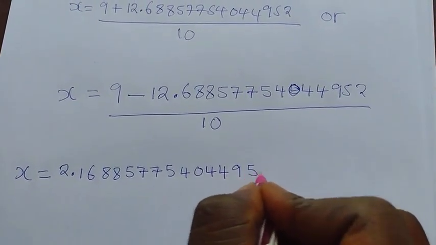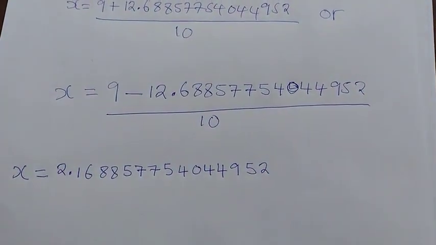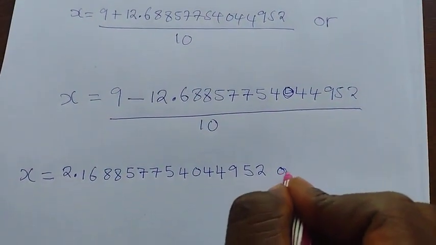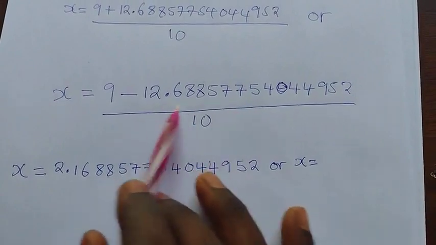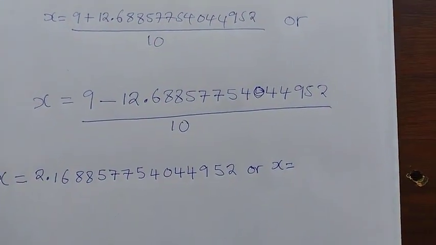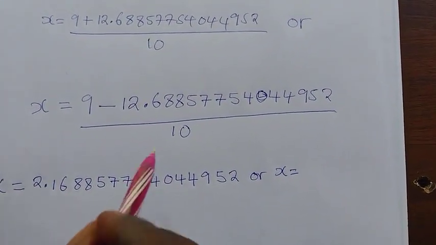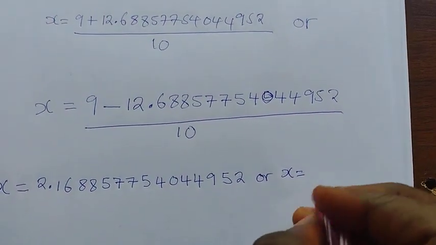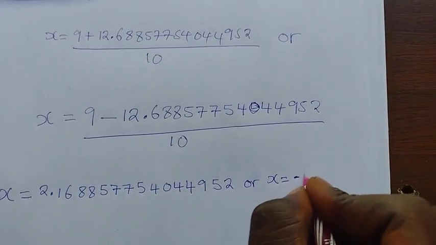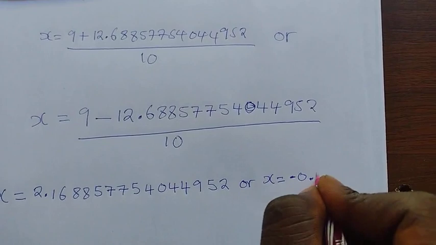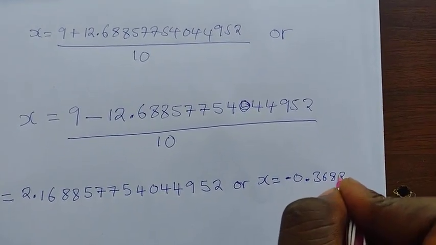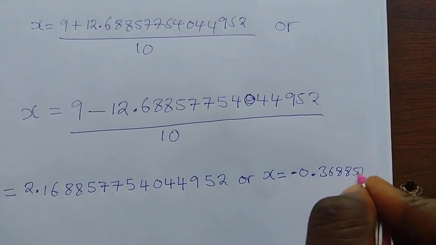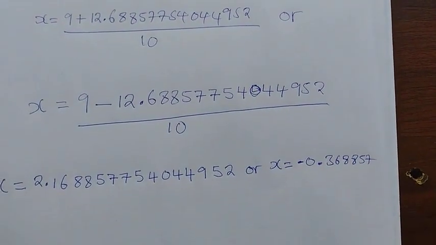I do hope that you have gotten the same value. For the second one, when I punch on the calculator and divide by 10, this is the value that I'm getting, negative 0.36887. Okay, I'll just end it there.